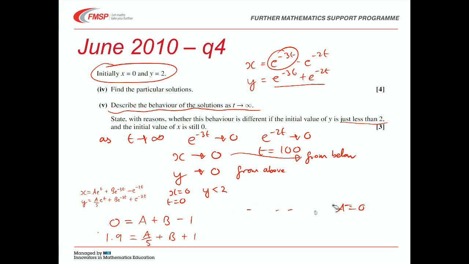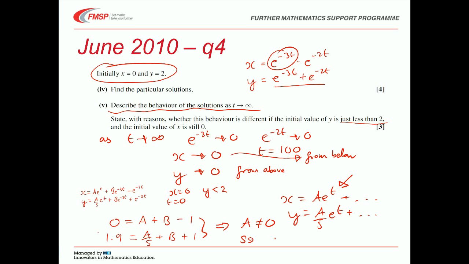So I think the easiest way to sort this question out is to realise that when you solve it, you could either solve it with the example like I've done here, or just immediately realise that this implies that a is not equal to 0. And if that's true, then we've got x equals something e to the t plus some stuff, and y equals something a over 5, in fact e to the t plus some stuff, and this term does not have a negative power.